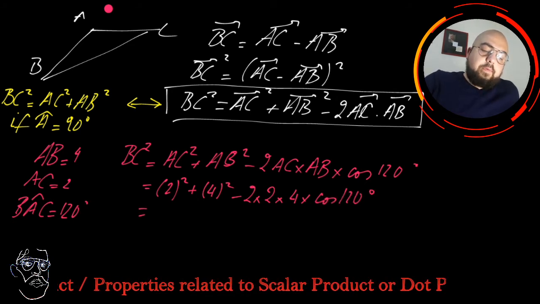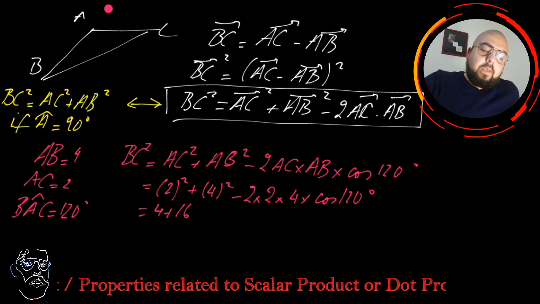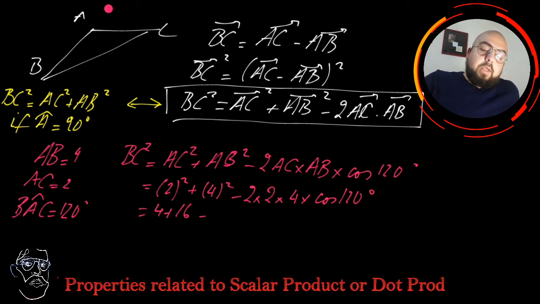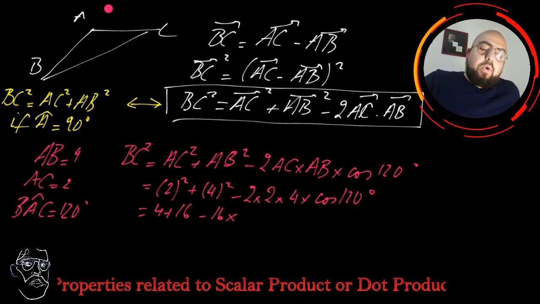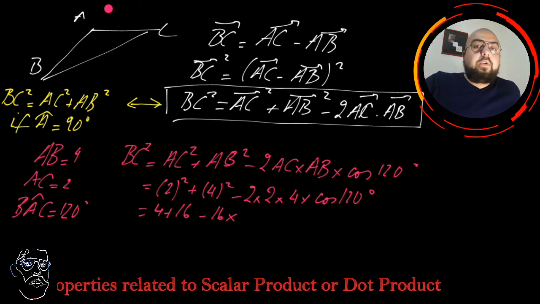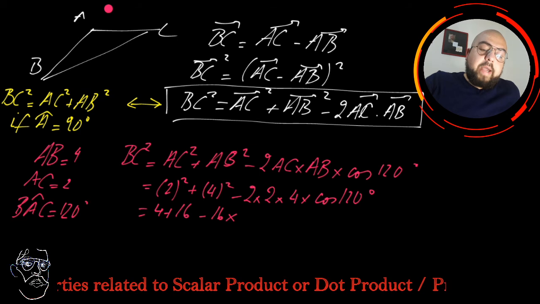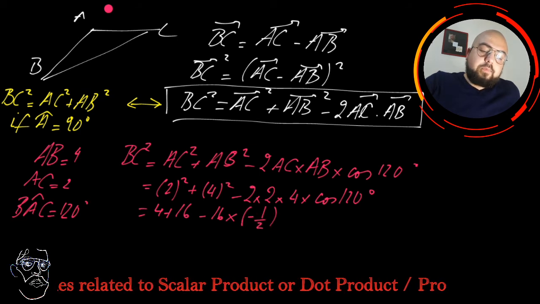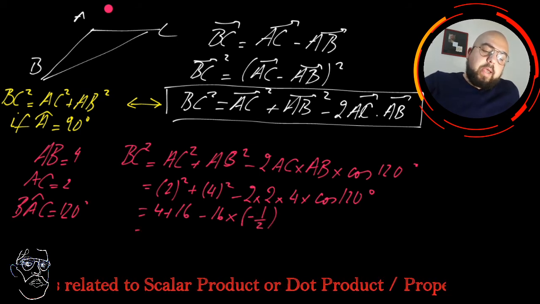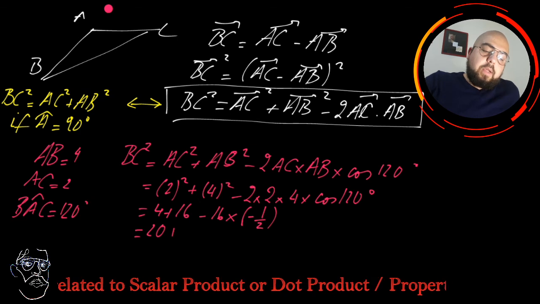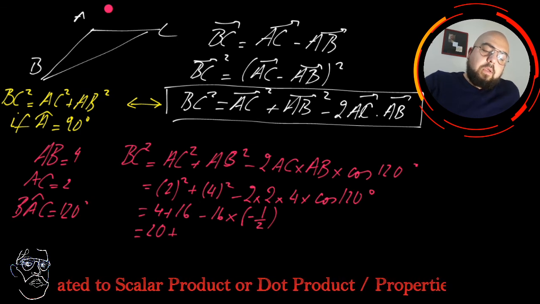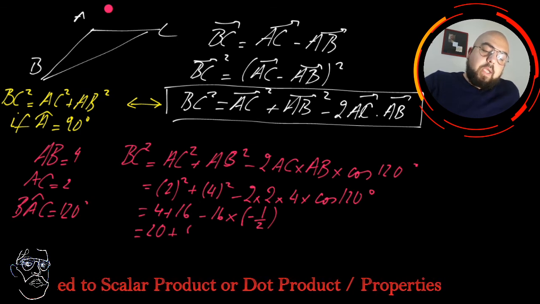So we will have 4 plus 16 minus 16 times cosine of 120. Cosine of 120 is actually equal to -1 over 2. So we will have 20 plus 8.